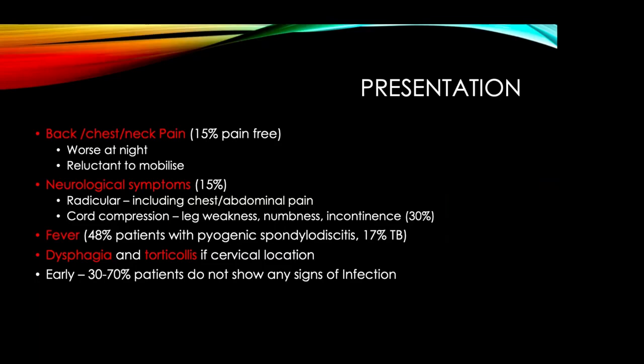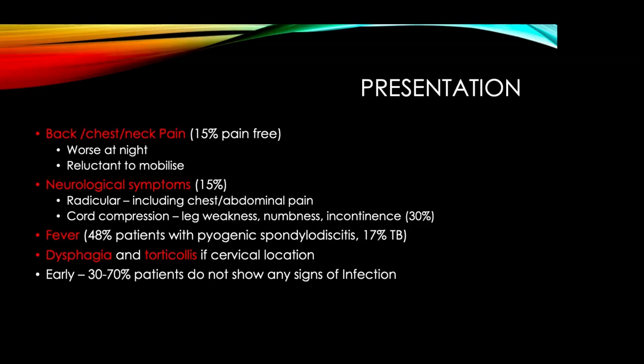Somewhere between 85 and 90% will have some kind of axial pain, whether it be back, chest, or neck pain. Obviously, the problem is with chest pain, it could be cardiac, it could be pulmonary, it could be upper GI. Typically, the pain is unremitting and is worse at night, and the patients are reluctant to mobilize.